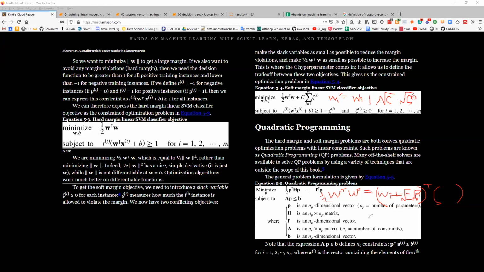H is equal to H prime plus M columns of zeros on the right and M rows of zeros at the bottom, and there's basically a matrix that's defined here. F is equal to F prime with M additional elements, all equal to the value of hyperparameter C. B is equal to B prime with M additional elements, all equal to 0.